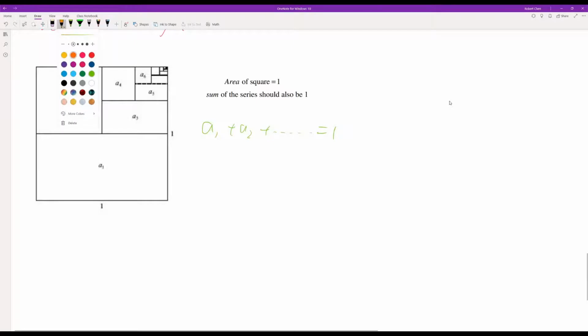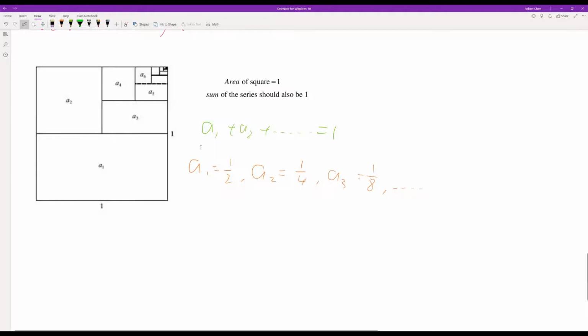Okay? So let's write out the series first. Let's write out the sequence. So A1 is going to be 1/2 of the square, which is 1/2. And then A2 is going to be half of the previous one, which is 1/4. And A3 is going to be half of the previous one, which is 1/8, and so on, right?